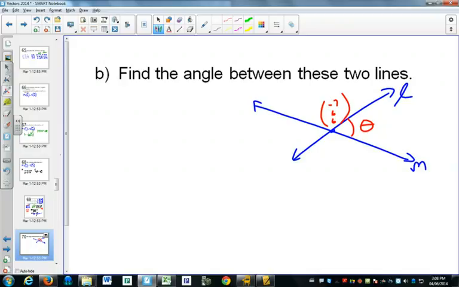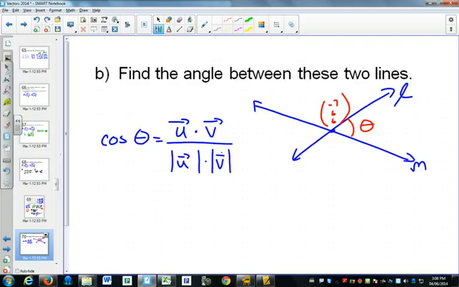Now, according to one of our important results, we know that cos of theta is equal to the dot product between two vectors divided by the length of each of those vectors multiplied together. Which vectors do we choose?